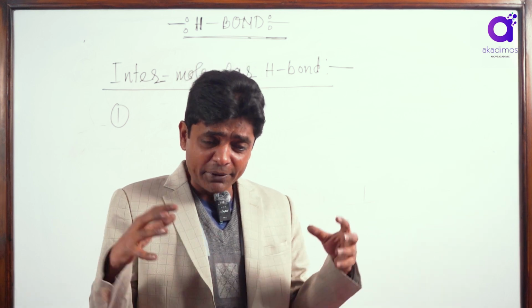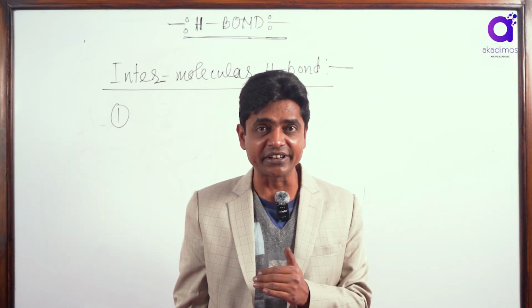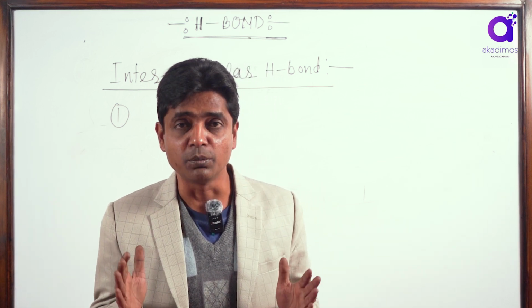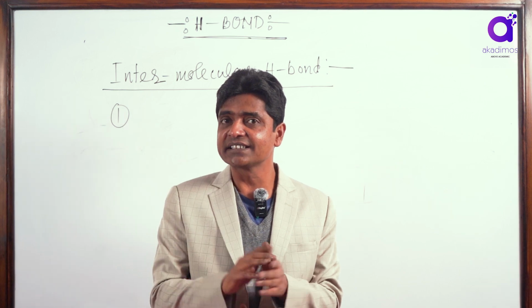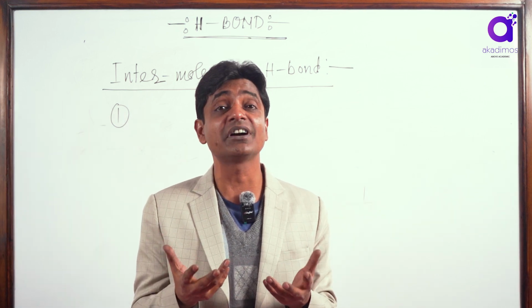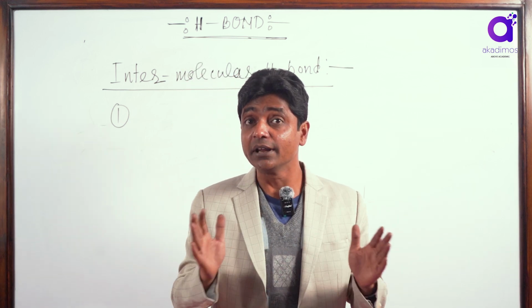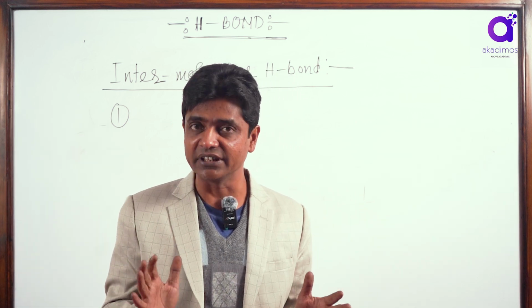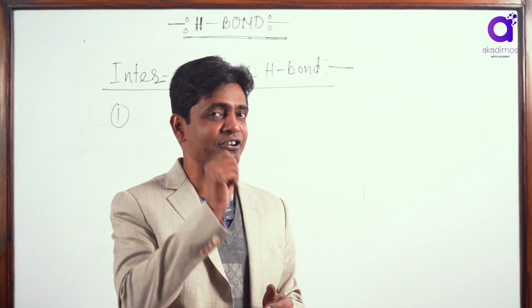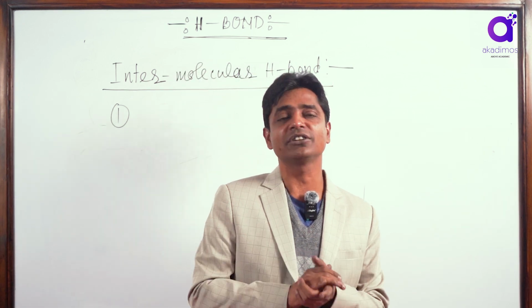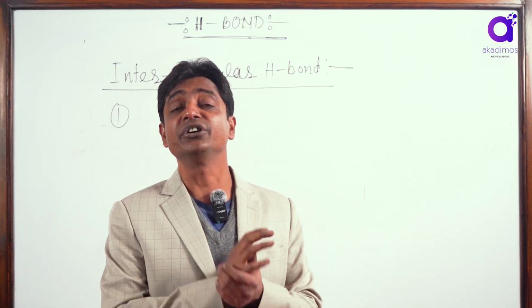Next, if intermolecular attraction increases, then volatility decreases. Remember, if volatility decreases, then vapor pressure decreases. Another property of liquids is viscosity. Viscosity depends on intermolecular attraction. If hydrogen bond increases intermolecular attraction abnormally, it will increase the viscosity of the liquid.